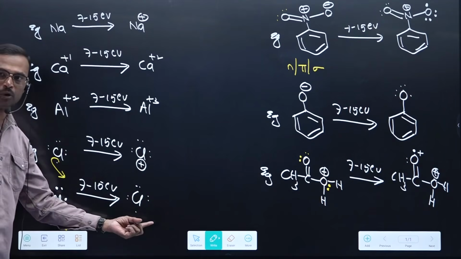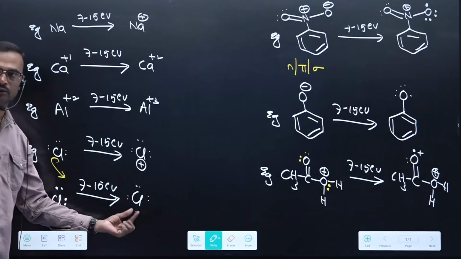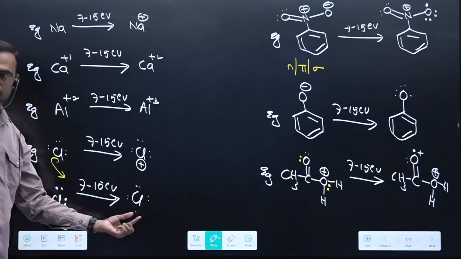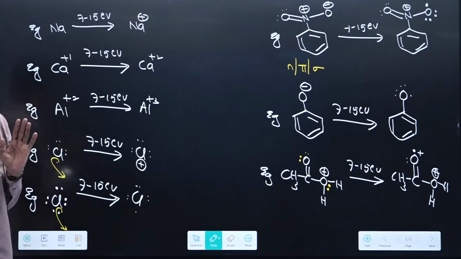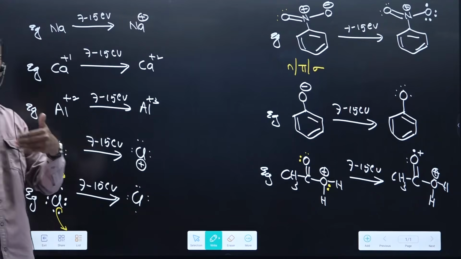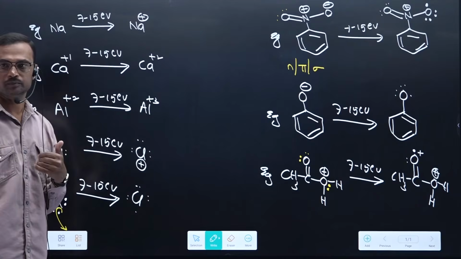Chlorine radical is a molecular ion or molecular species. Ion generally means they should carry positive or negative, but that is not mandatory. Orally they will say molecular ion for organic molecules.